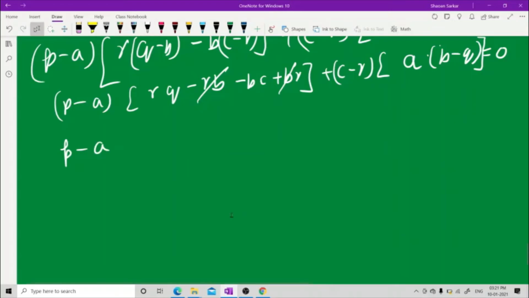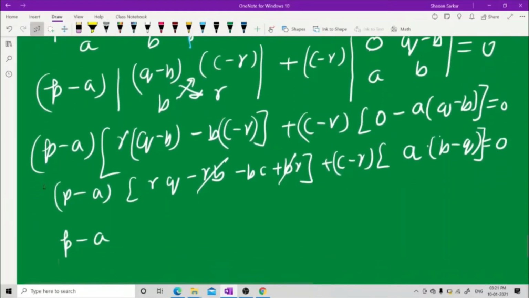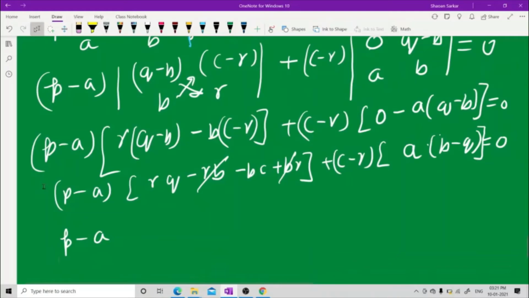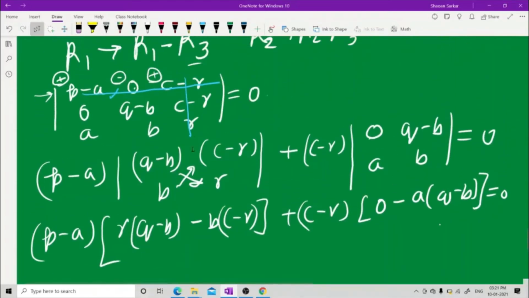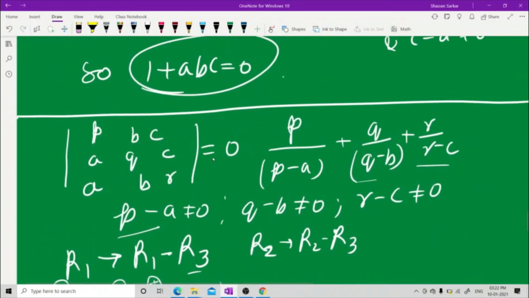This could have been easier: instead of opening up this bracket, I could have done one more thing instead of cancelling this. This cancelling would create trouble for me. I'll tell you an easier way to get over this, because in the question I need P minus A.